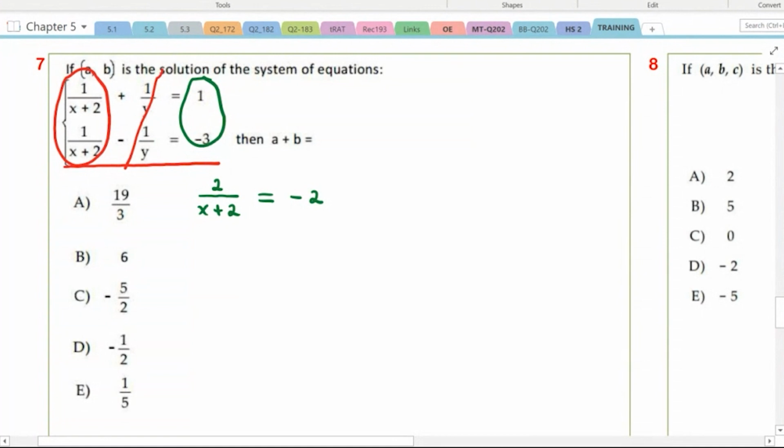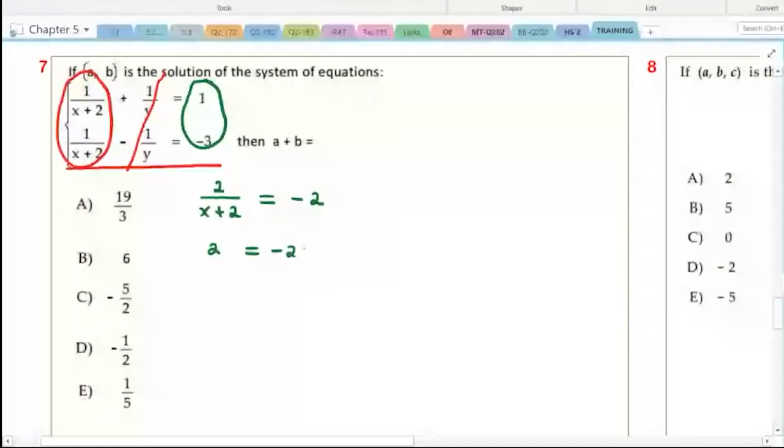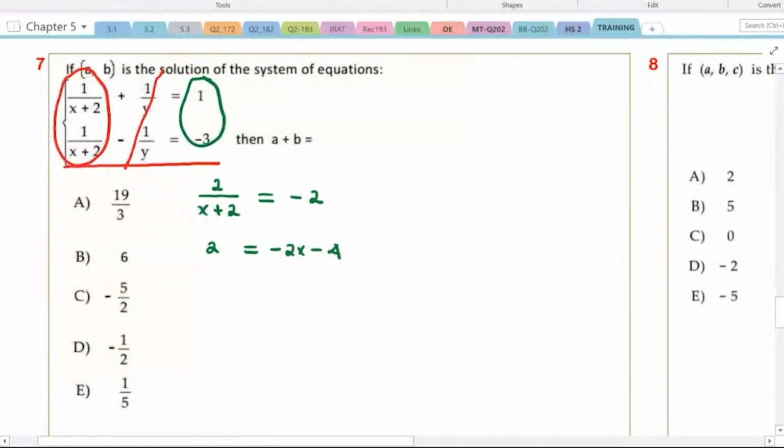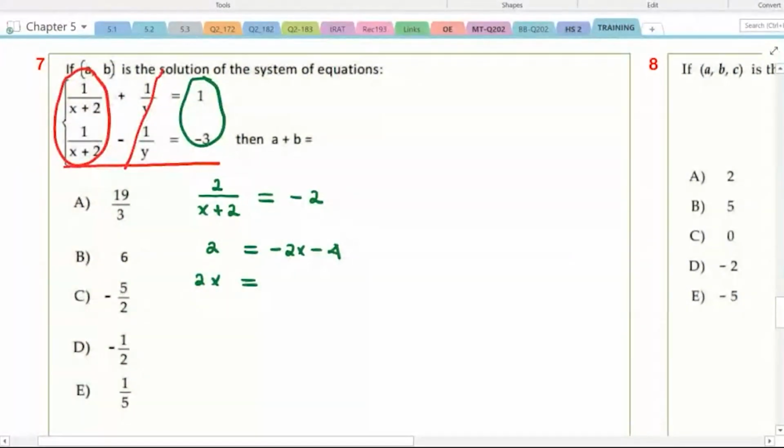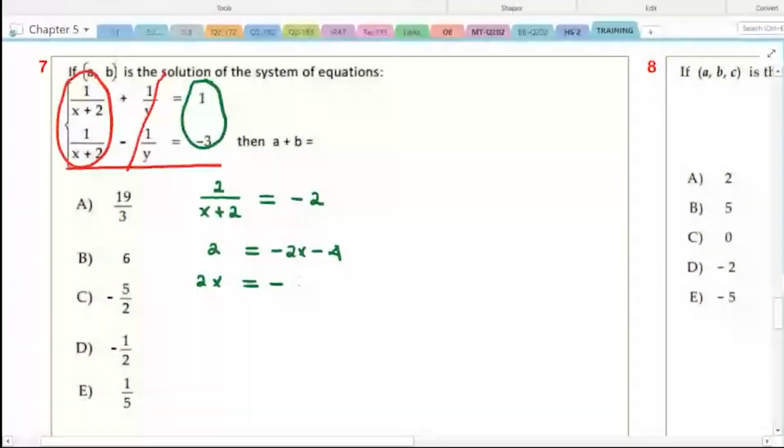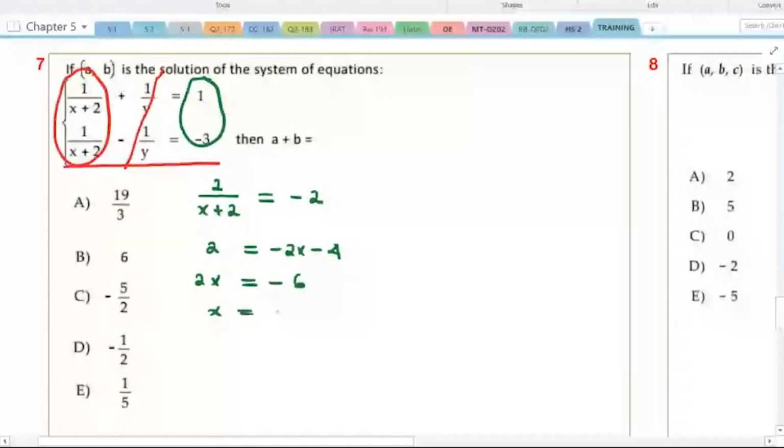Now, what do I do, gentlemen? Let us cross multiply. Then we are going to say 2 is equal to -2x minus 4. Bring the negative 2x to the left side. So we say 2x is equal to, take the 2 to the other side, -6. And then we can say x is equal to -3.